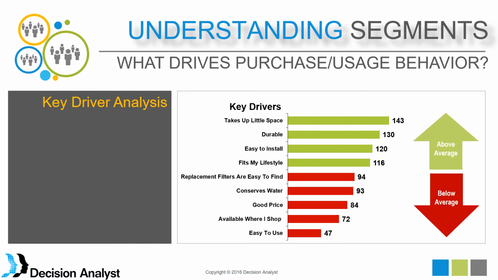So in this example here, for a particular segment, they find that what's important is that the product takes up a little space and it's durable and easy to install. Then the marketing team can craft messages that address these issues for this particular segment.